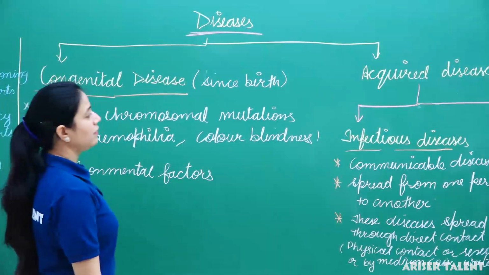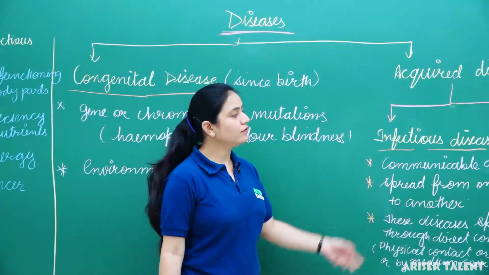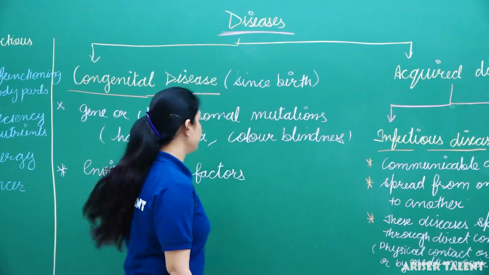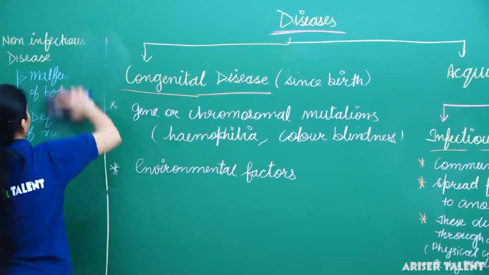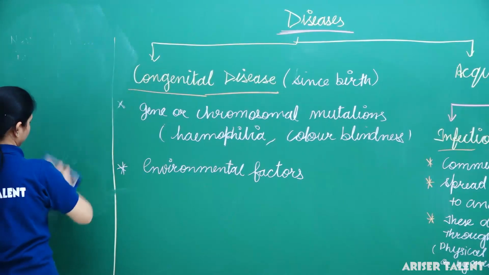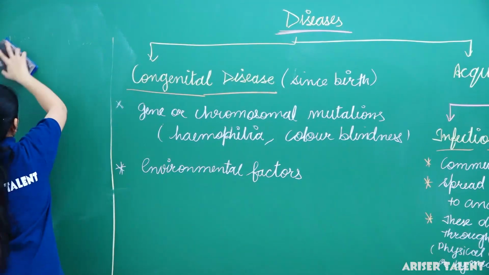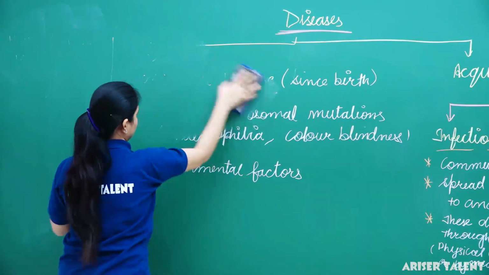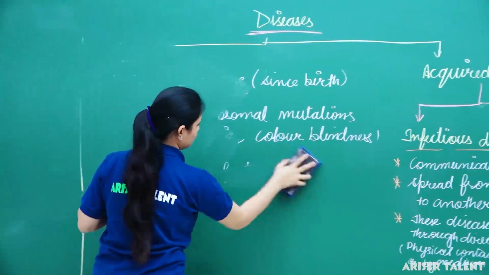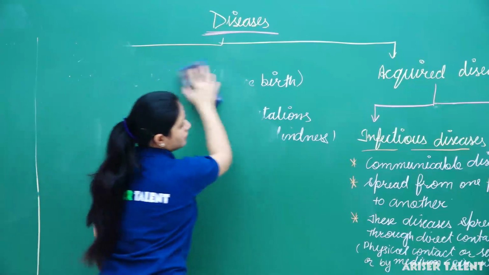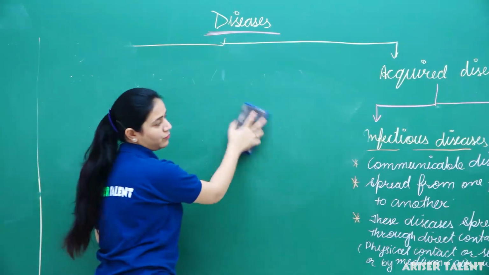Now we will study the means of transmission of communicable, meaning infectious, diseases. How do they spread? As we know, infectious diseases are communicable diseases.